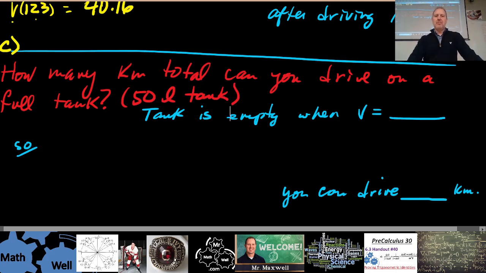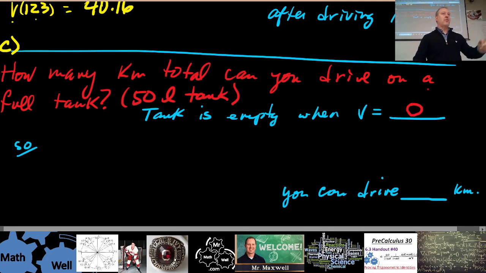Okay, so the tank is empty when V equals, now what does the V represent in the equation? The volume of gas inside the tank. So if we're trying to find out how far we can go on a full tank, that means how much gas do we have left? 0. We've used all the gas. So the volume has to be 0.